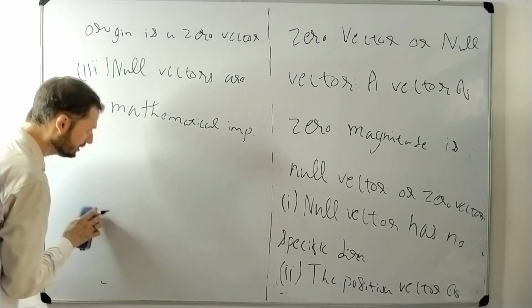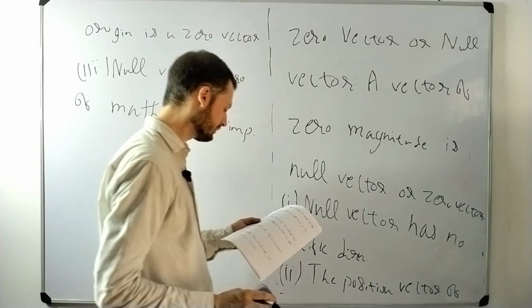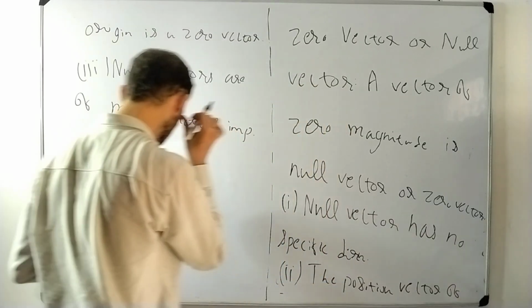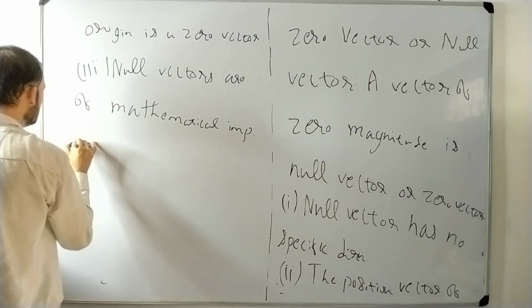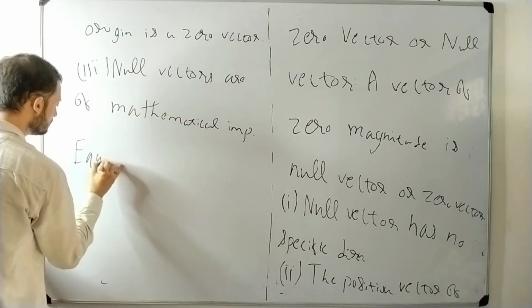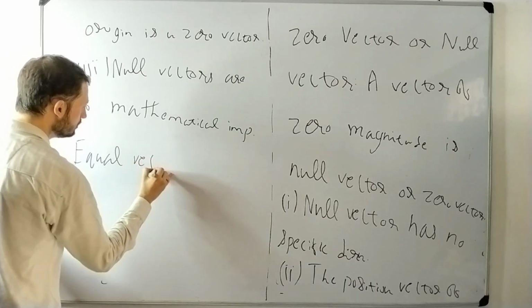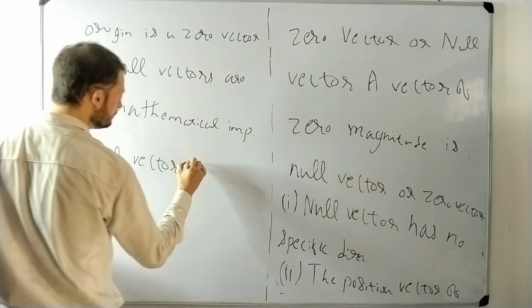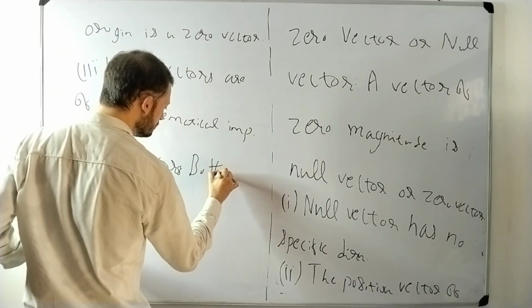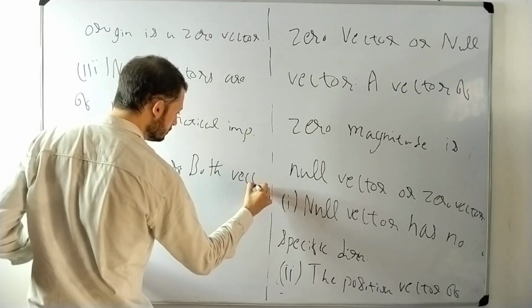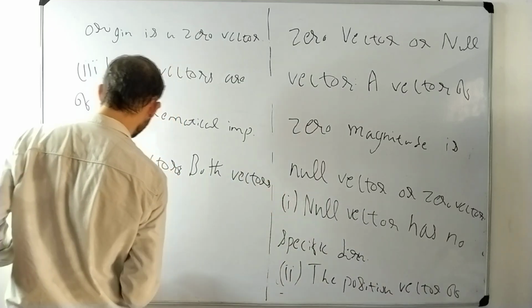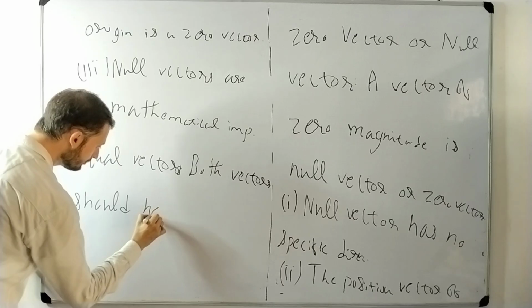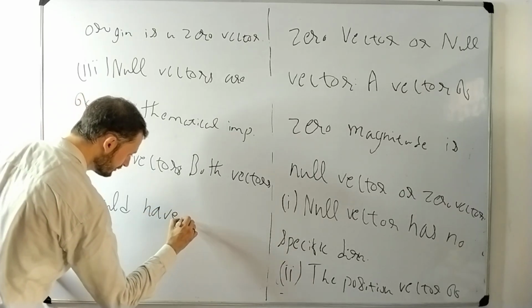Now the next part, which is equal vectors. Both vectors should have the same magnitude, and what else, students?